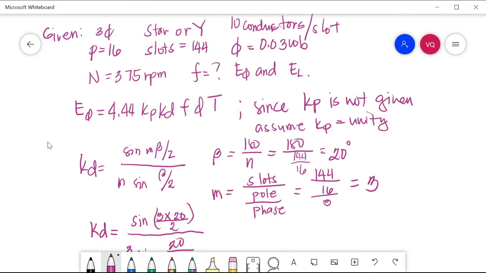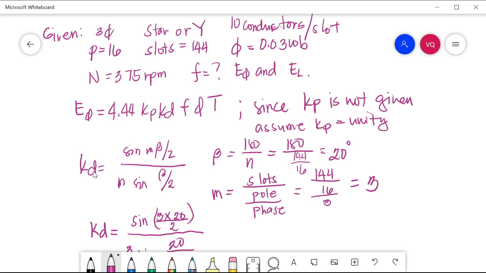For our formula, it is given per phase. E phase is equal to 4.44 multiplied by the pitch factor times the distribution factor times the frequency, the flux per pole, and the number of turns. In the problem, since Kp is not given, assume that Kp is unity.